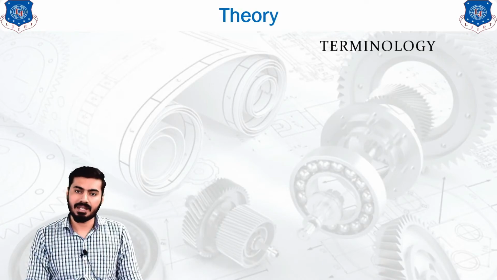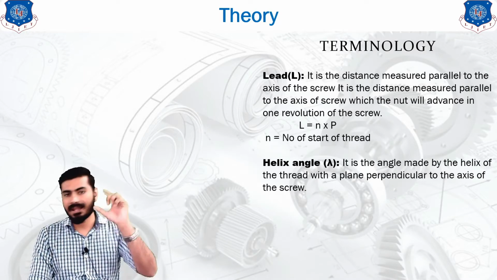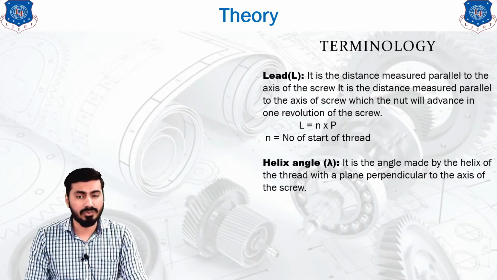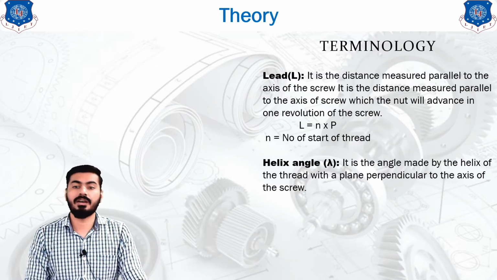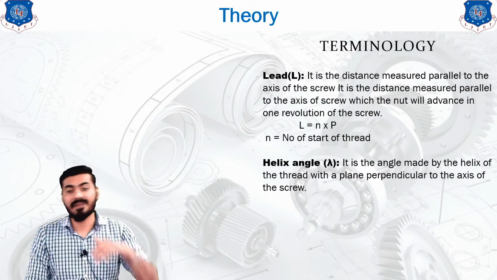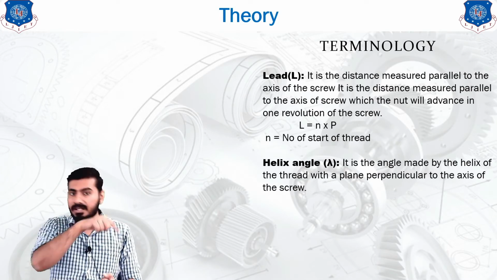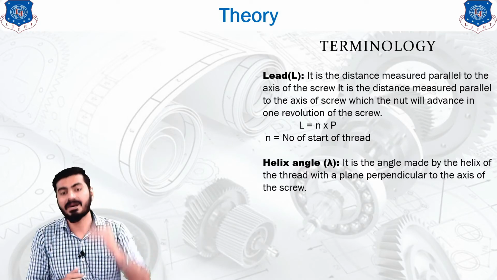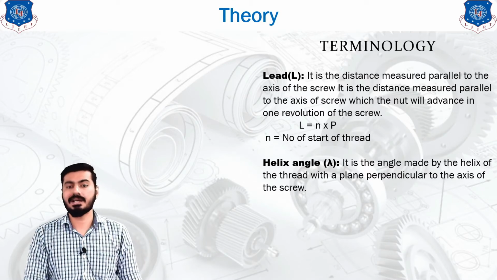Now we will see another term regarding that figure, that is the lead L. L is the distance measured parallel to the axis which the nut will advance in one revolution. If you rotate the nut for one complete revolution of 360 degrees, then the distance it advances is represented by L, which is known as the lead.